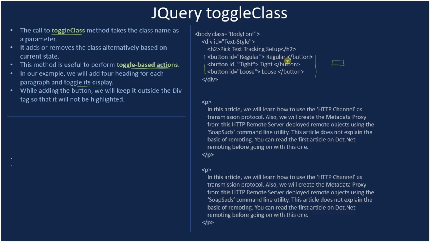So if we place our new button inside this div tag, then that button will also get highlighted. To avoid that, we will place the new button outside the div tag. Why? Because our existing JavaScript selects all the buttons inside the div tag, or inside the element identified by the text style ID.